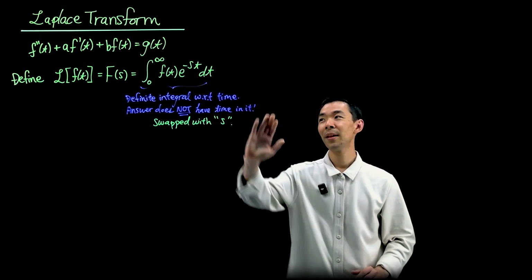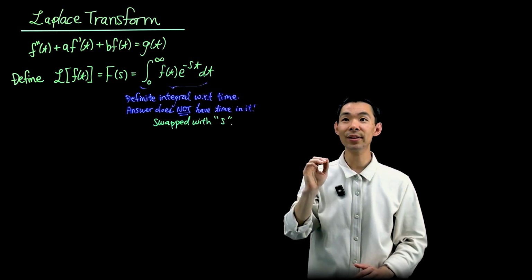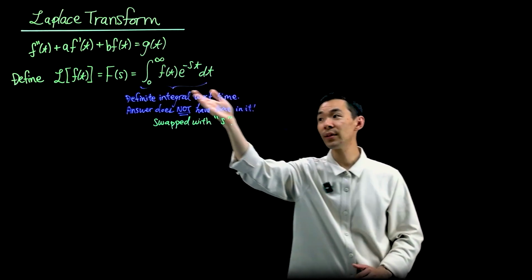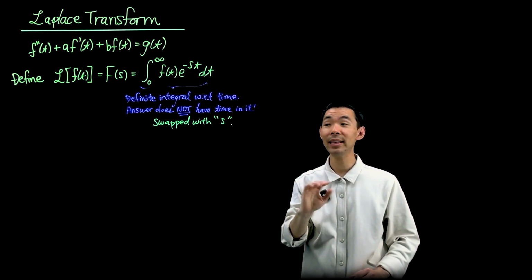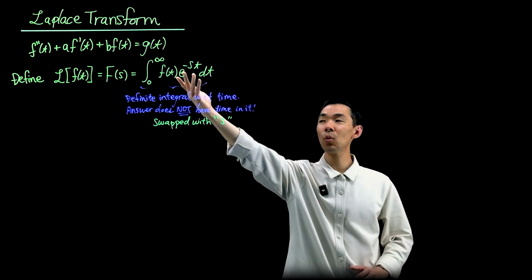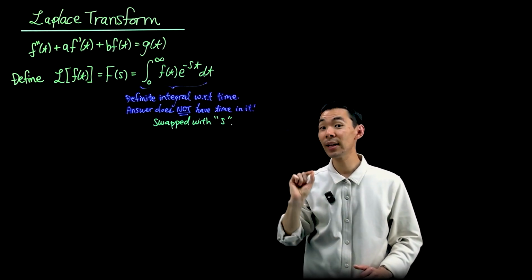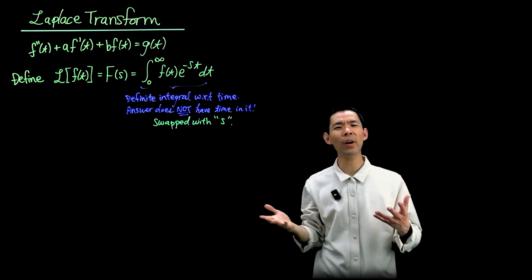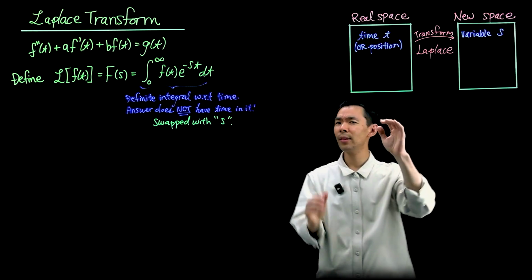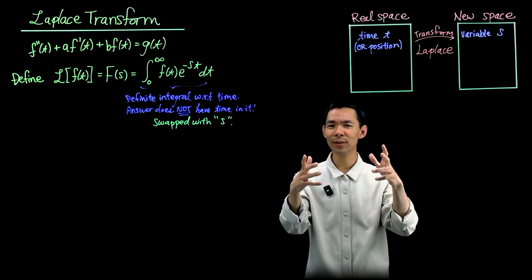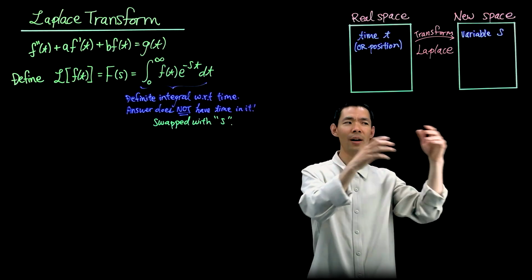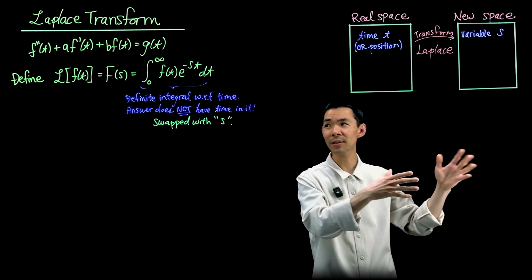So once again, this is a definite integral with respect to time t. So the answer of this integral does not have time t in it anymore. So the time t was swapped in the form of this exponential with a new variable s. So remember up here, I wrote that we're going to blast our solution into a new space where t is gone and swapped with a new variable s?